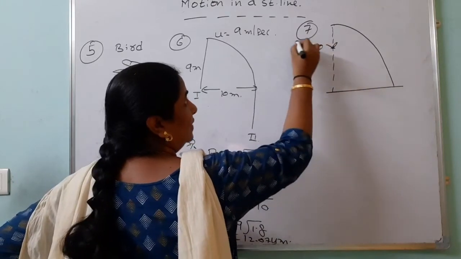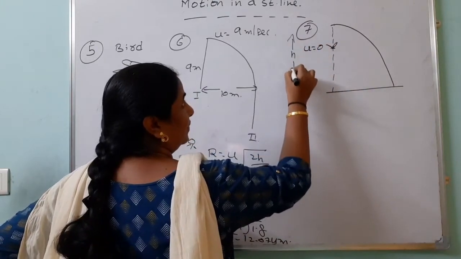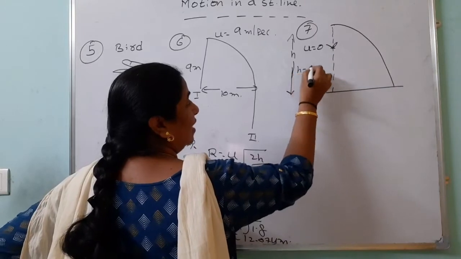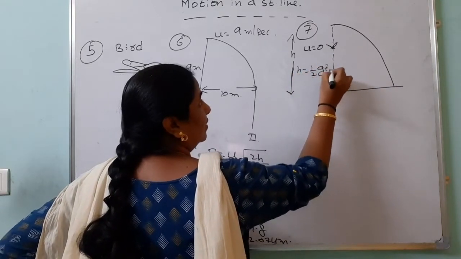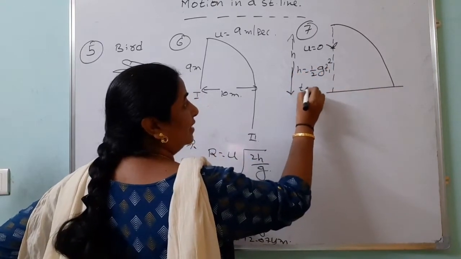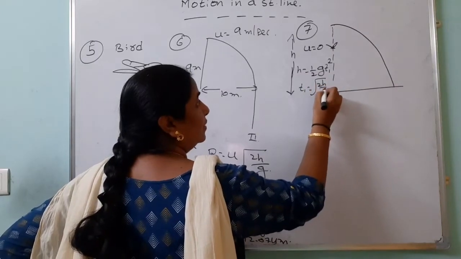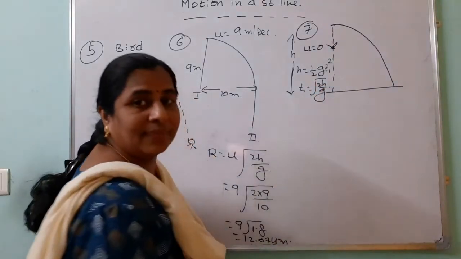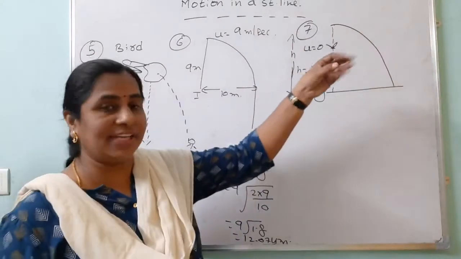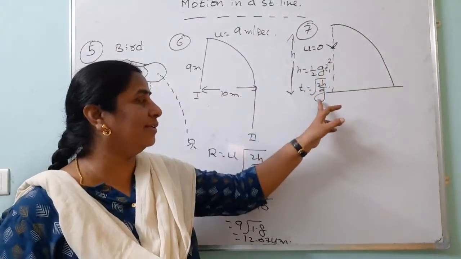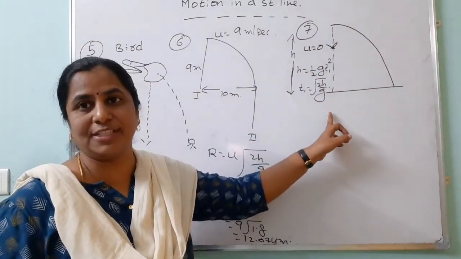We can take this height as h. h equals half g t square. For the first body, t1 equals under root 2h by g. That is the time it takes when the body is dropped with initial velocity 0.